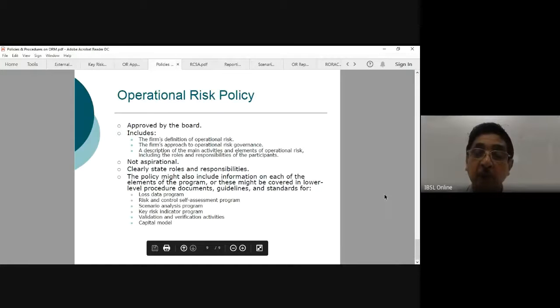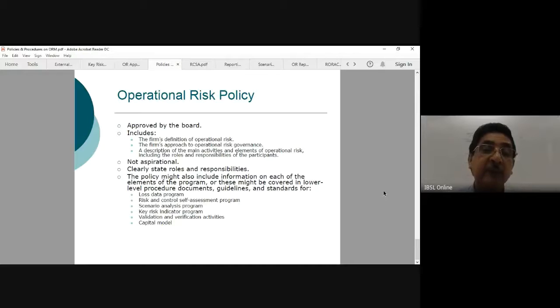Right. Now, I'm just going to ask you a question. These are the guidelines for an operational risk management policy. What are the types of worries you have with regard to this? Are you in a position to do that? Because I will be able to give you a specimen document of an operational risk management policy.